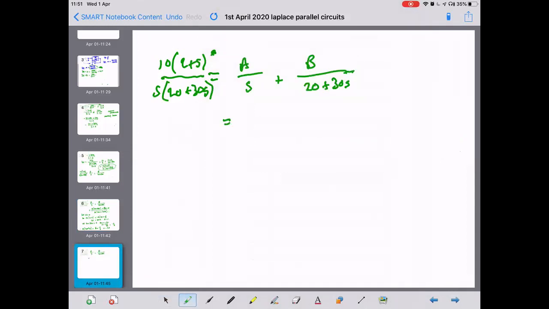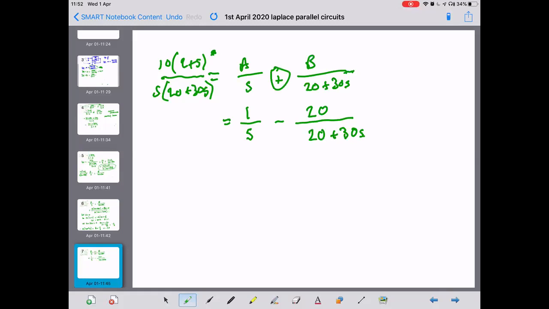So it's 1 over s minus 20 over 20 plus 30s. B was minus 20, so let's change this sign here to a negative.